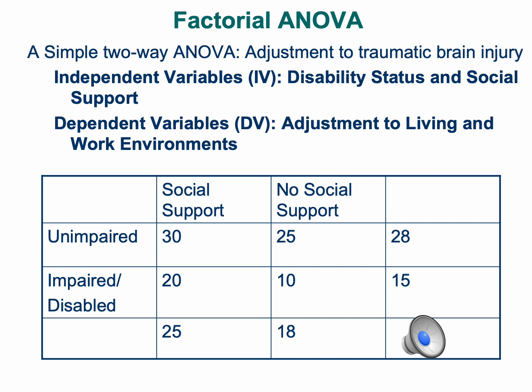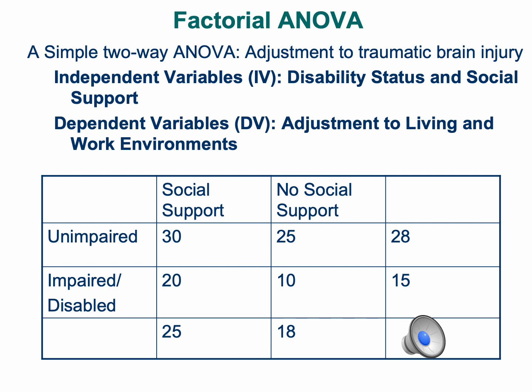You can see out there on the far right is a marginal distribution of levels of adjustment. The unimpaired brain trauma patients have an adjustment to living in work environment score of 28, and the impaired patients have a score of 15. So that's the main effect for impairment status.